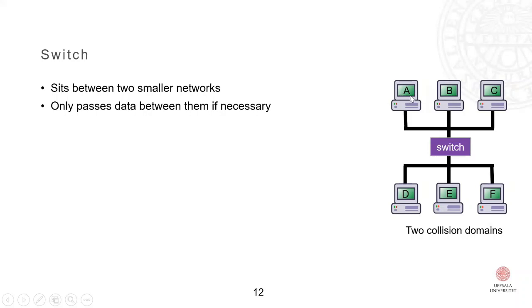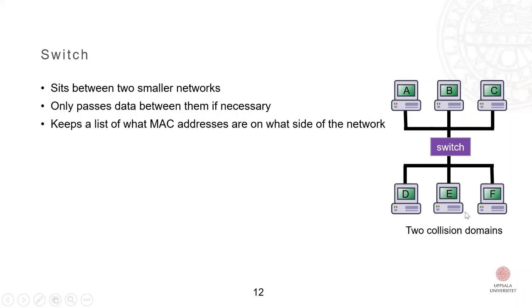But if A wants to send some data to the other part, for example, to F, then the switch will actually let its message pass. And for doing this, the switch needs to have a list of the MAC addresses on both sides of the network.